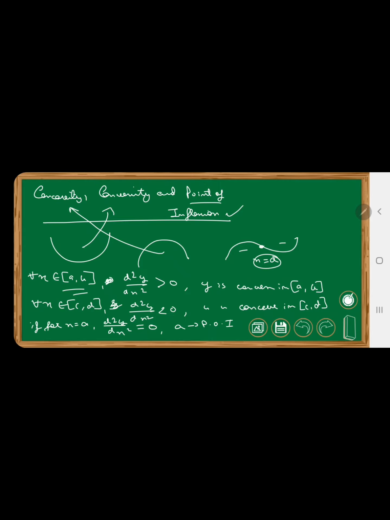So let us move on to the next topic, which is the curvature. Clear? What is curvature? Suppose you have a curve like this.